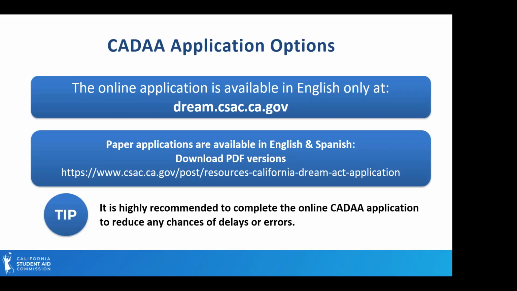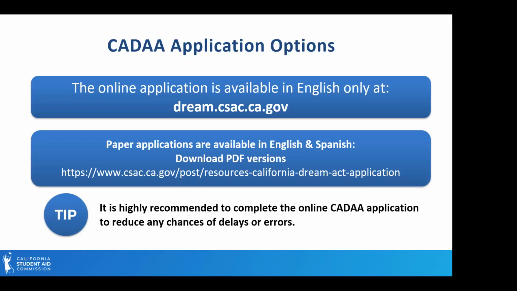All right, so we do have our online application available, as you can see, at dream.csac.ca.gov, and it is in English. But under our resources, we have a downloadable PDF version of the application that is available in both English and Spanish.